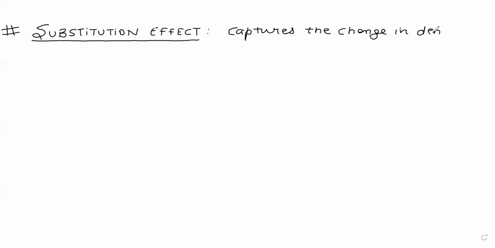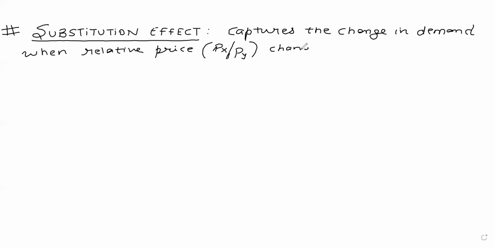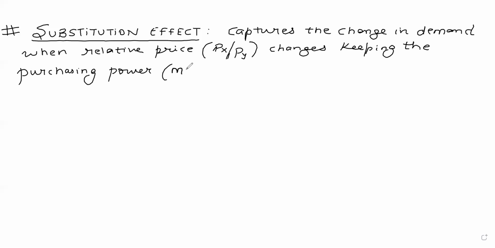Substitution effect captures the change in demand when relative price changes, when relative price, which is Px by Py, changes, keeping the purchasing power constant. Keeping the purchasing power, which in our case is nothing but M by Px, constant.